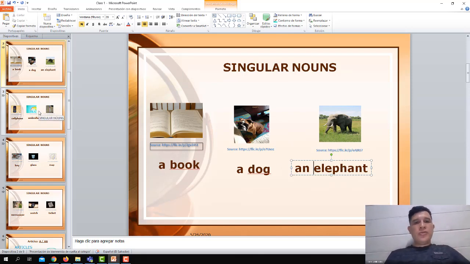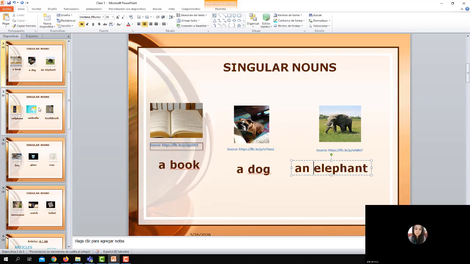Luego tenemos dog. Sonido de consonante también. Entonces decimos a dog. Luego tenemos elephant. Es sonido de vocal. Entonces por eso utilizamos an. Y decimos an elephant. Question so far? No? All right, good.